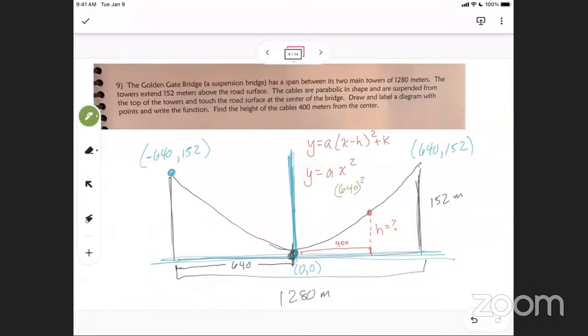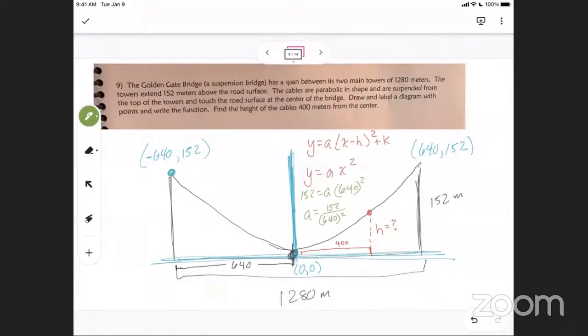And Y is 152. And so we can solve for A by doing that. So 640 squared, and A is going to equal 152 divided by 640 squared. That's what A will equal.